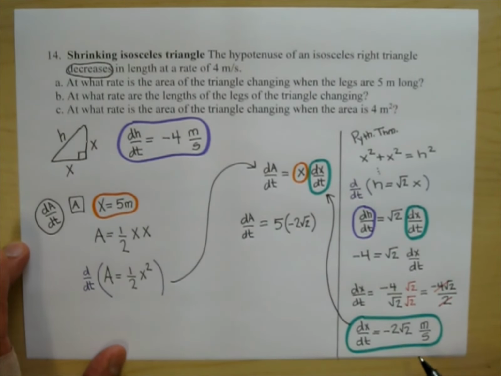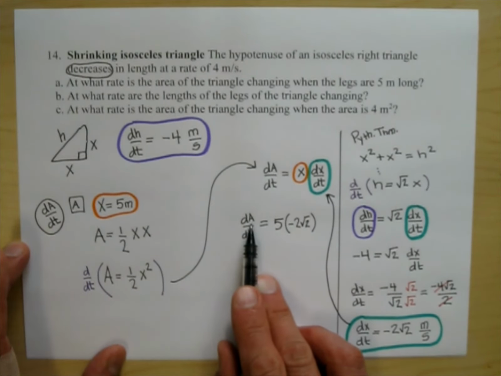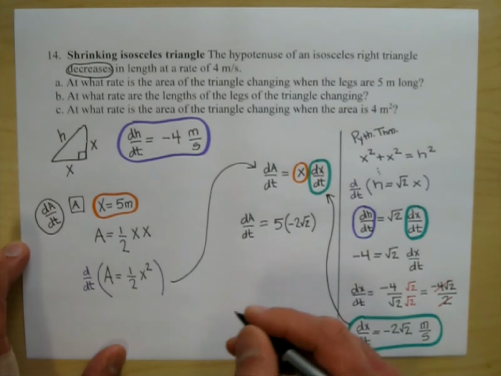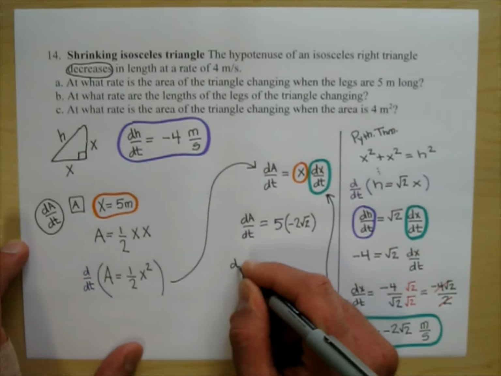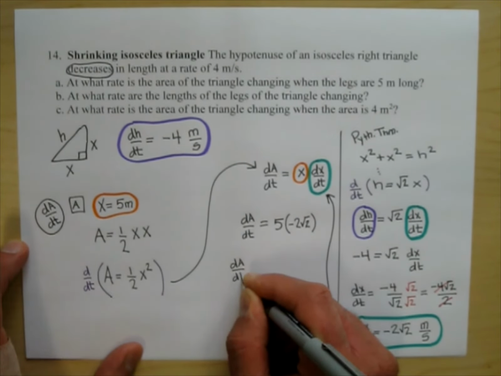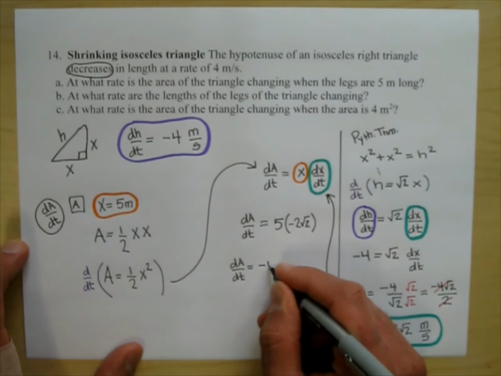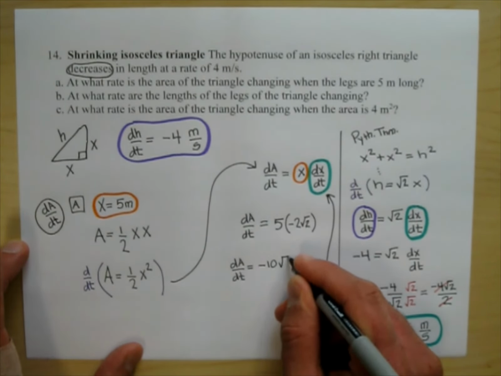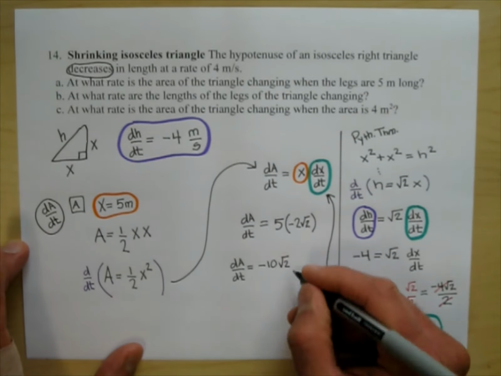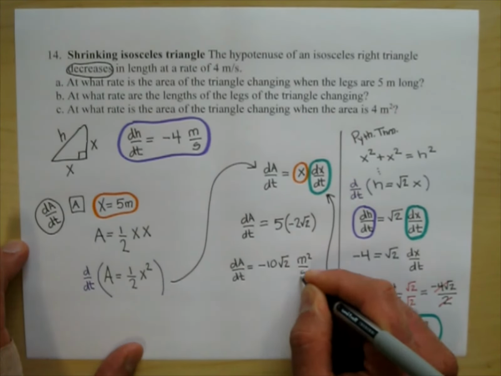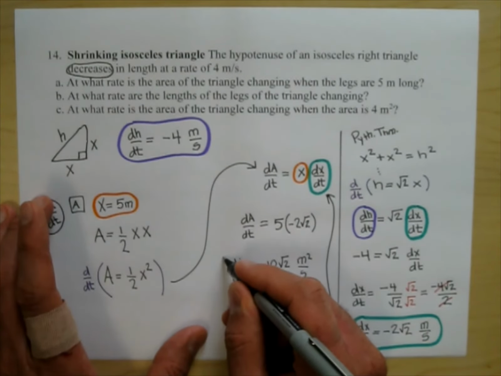We could put the units in there, and maybe some of you will, because they will help you with the units on this, but we can see it's area, which is probably going to be meters squared, over time, which is seconds. So we can just put that in at the end. And in fact, look at this, dA dt is negative 10 root 2, and we'll put the meters squared per second. So there's the answer.